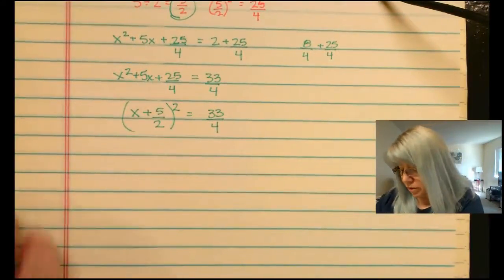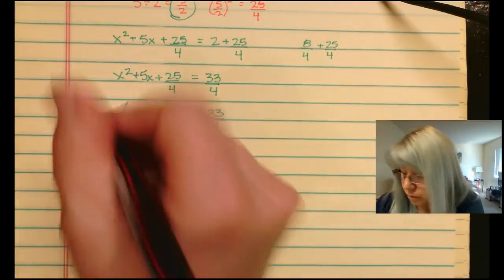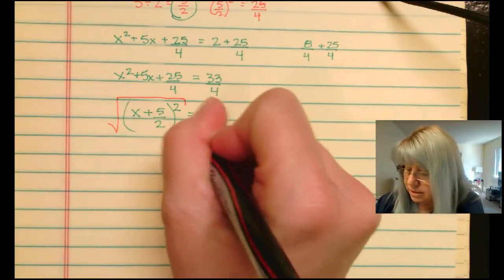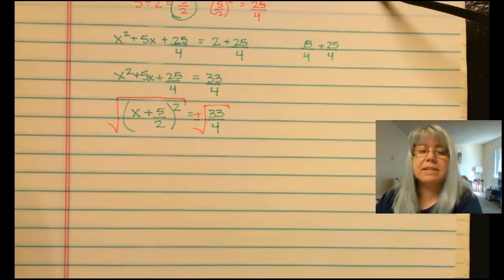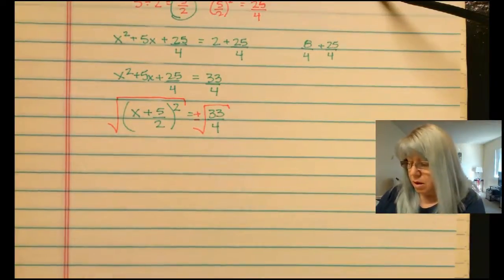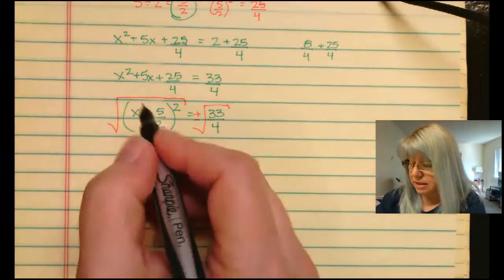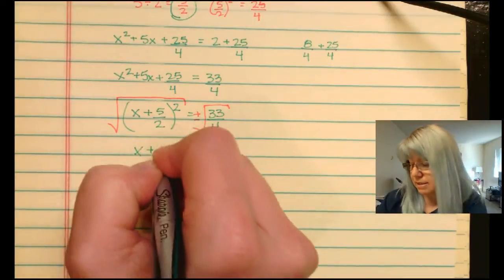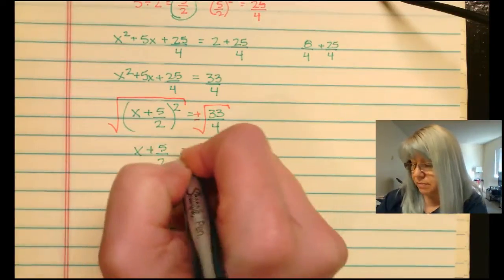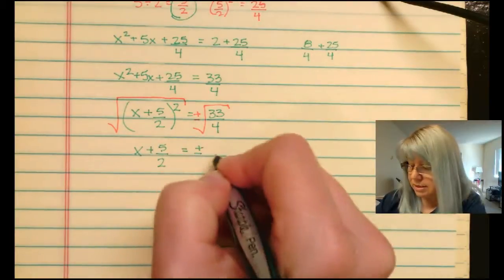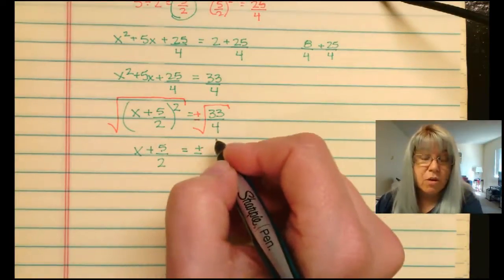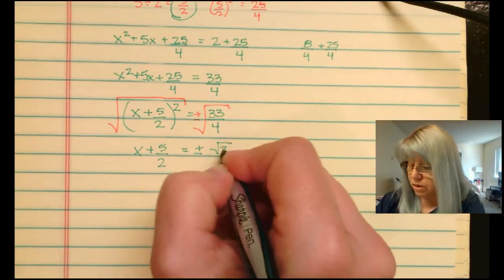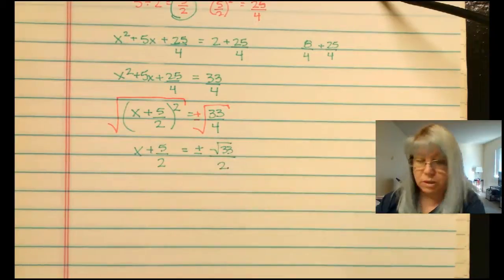Now I'm going to take the square root of both sides. Instead of rewriting it, I'm just going to write over what I have, the square root of the left-hand side, plus or minus the square root of the right-hand side. To simplify the left-hand side, the square root and the square negate each other, leaving me x plus 5 halves, plus or minus the square root of 33 over 4, which can be reduced because 4 is a perfect square: the square root of 33 over 2.